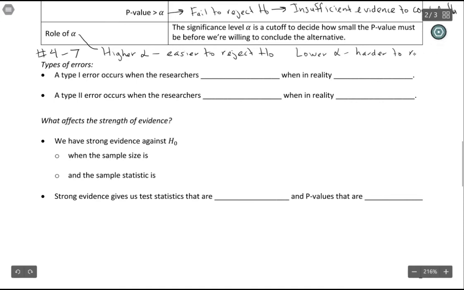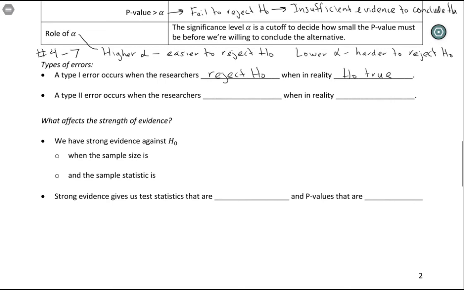And this is also related to the types of errors that you make, right? Because a type 1 error occurs when researchers reject the null, when in reality the null hypothesis is actually true. So if you make it easier to reject the null, if you make your alpha level higher, that's going to mean more type 1 errors.